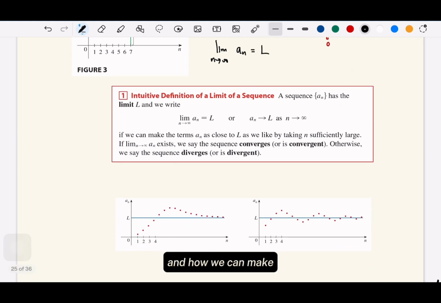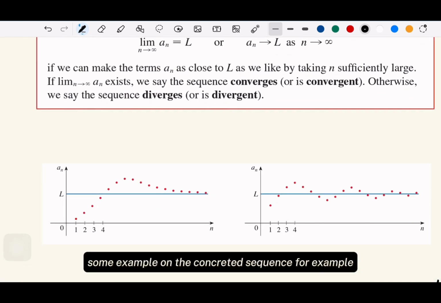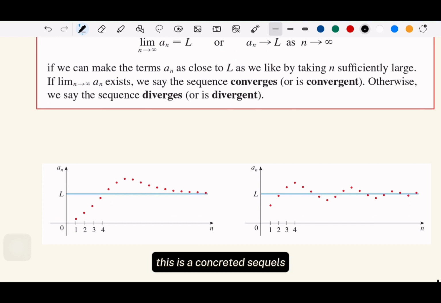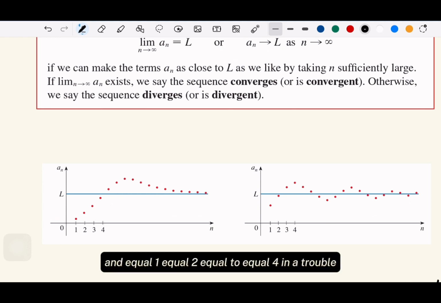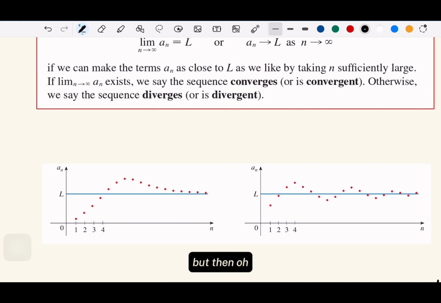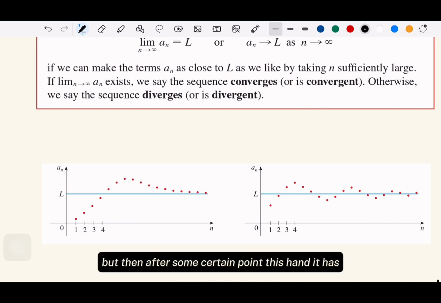And how we can make some example of a convergent sequence. So for example, this is a convergent sequence. But look at the end. So we start n equal 1, equal 2, equal 3, equal 4. Okay, not a problem. But then, this goes here. But then, after some certain point at this end, it has consistency.